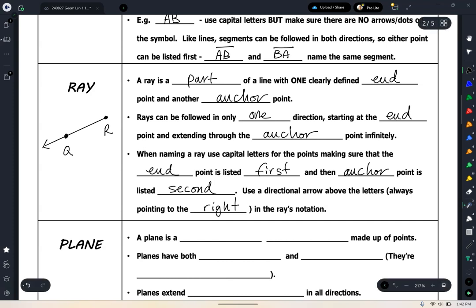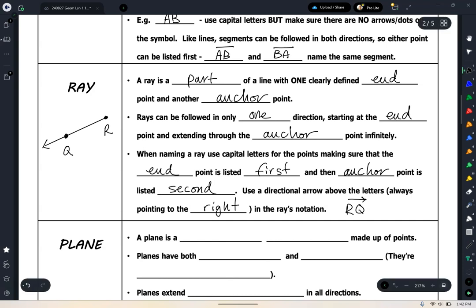So this diagram right here, if we were going to name that diagram, the way we would write it is RQ, directional arrow to the right. This is ray RQ, okay?